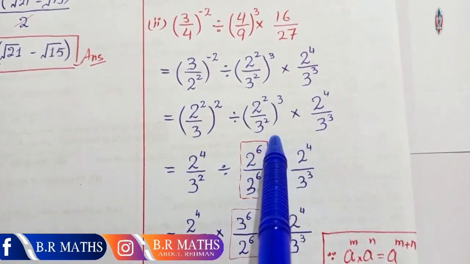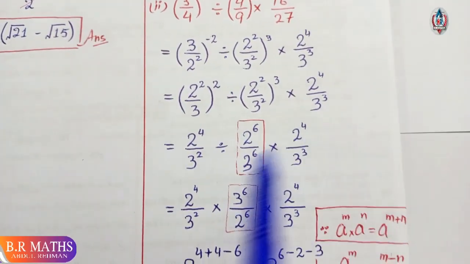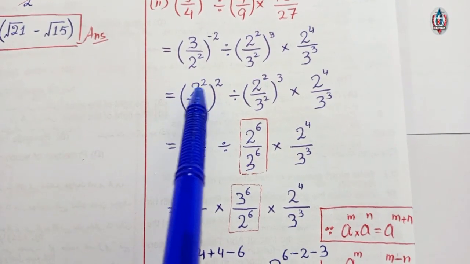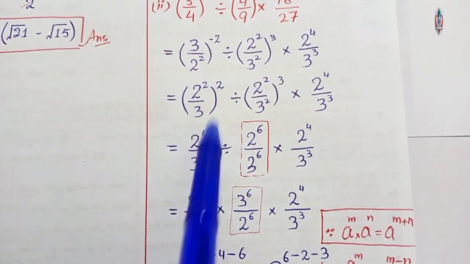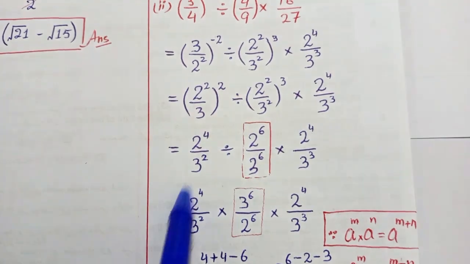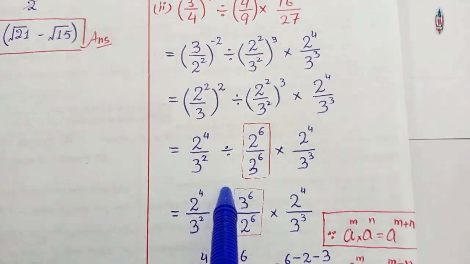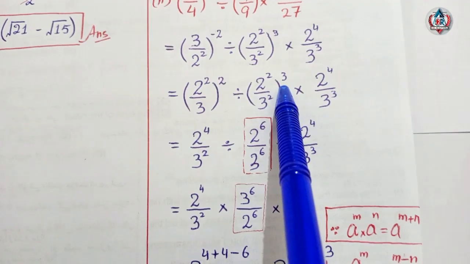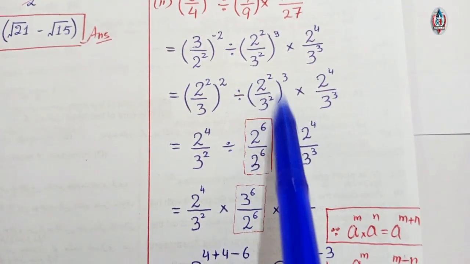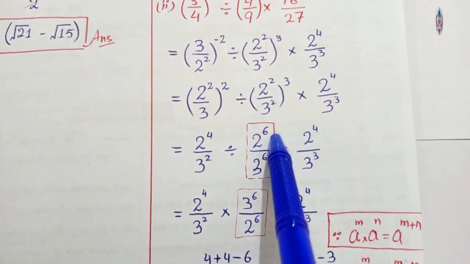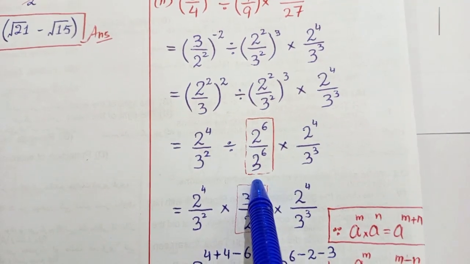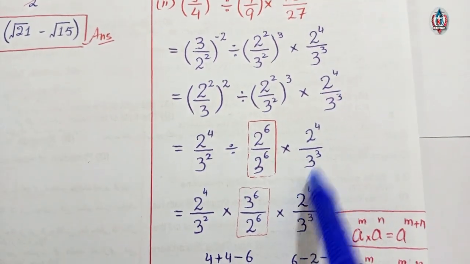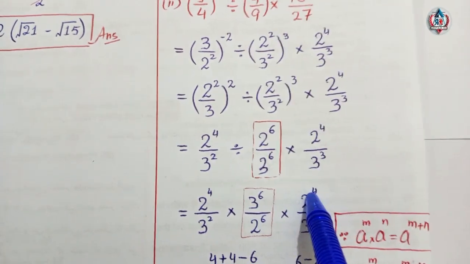Okay. And next, in this part, open the bracket. 2 raised to power 2 multiplied by 2 becomes 4, and 3 raised to power 2. The divide sign remains as it is. Similarly, 2 raised to power 2 and whole power 3, so 3 multiplied by 2 becomes 6, and in the denominator 3 raised to power 6, and 2 raised to power 4 and 3 raised to power 3 remain the same.